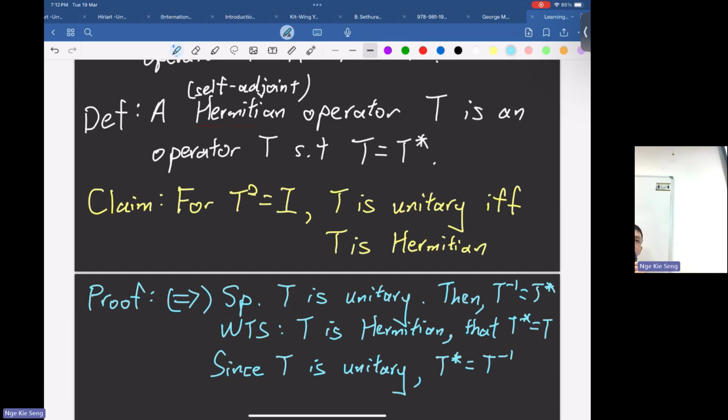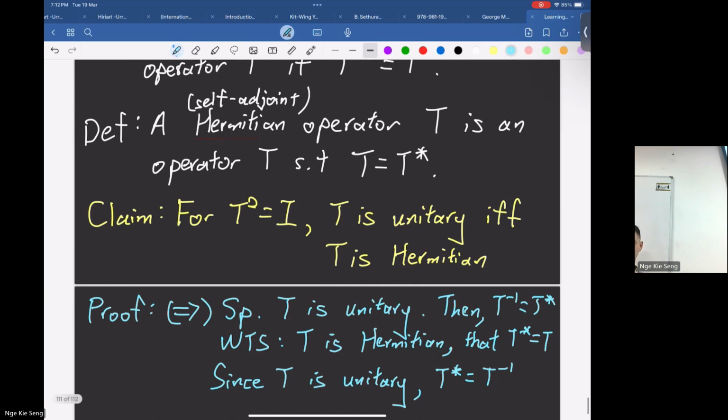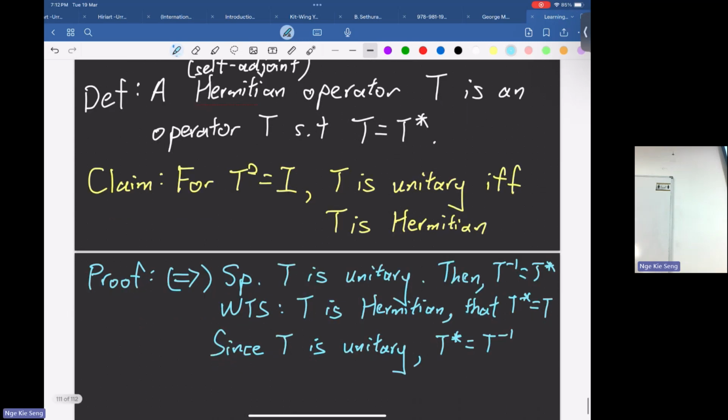But T squared is identity, so T is the inverse of itself. So T inverse is T since T squared equals identity.